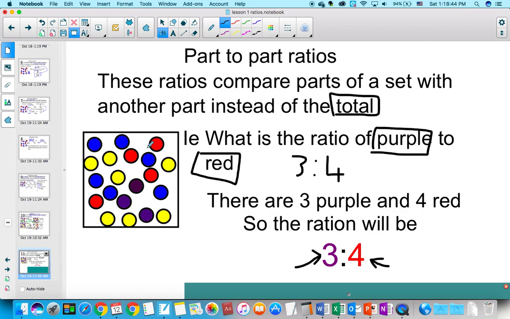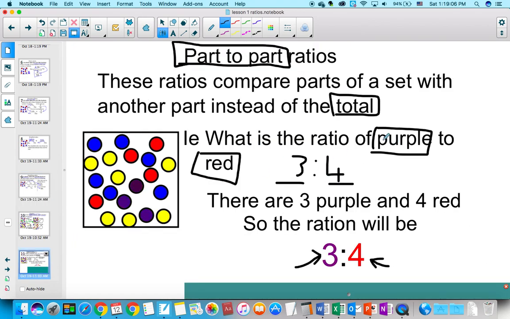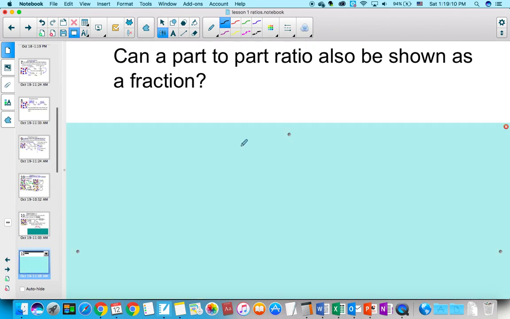So when we look at this, we can see that we're not using the total. We are not comparing the total. We're only looking at one part and the other part, because this is a part-to-part ratio, right? In the other set, we looked at the total, so we counted up the total. In this one, we don't. We look at the part that it's asking us and the other part it's asking us.